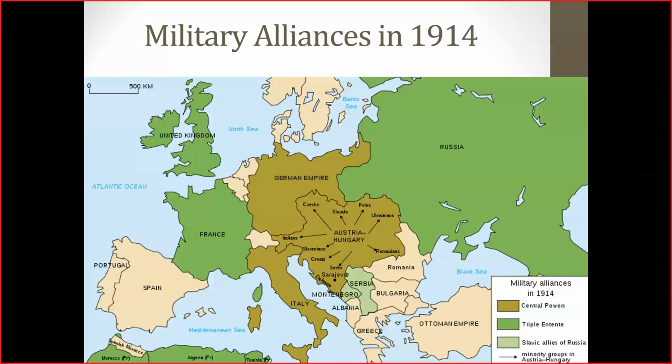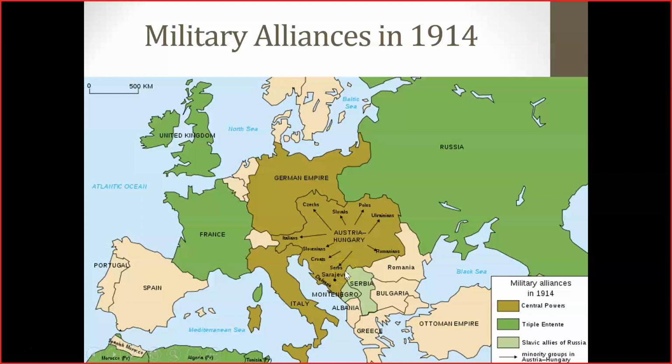But Austria-Hungary, within its imperial territory, had a myriad of different competing national identities. And so you see these arrows, all these arrows refer to different nationalist groups at the time. The Slovaks, the Czechs, the Italians, Slovenia, Croatia, Serbians.